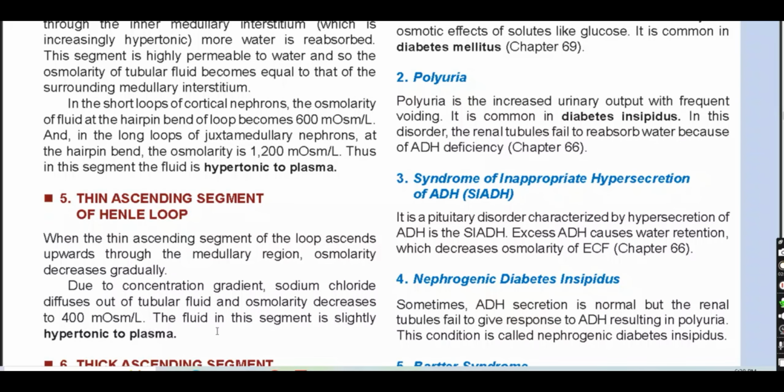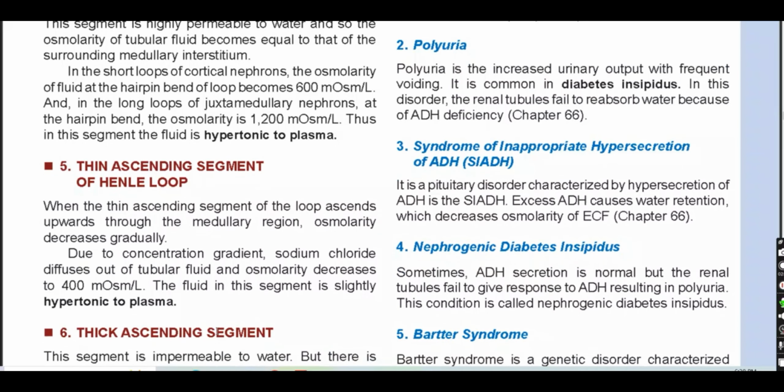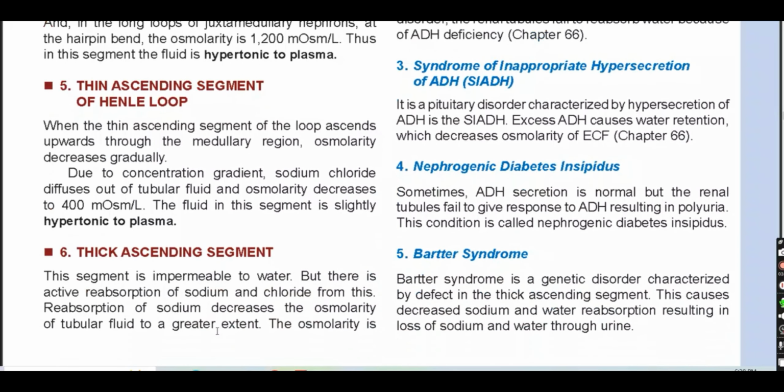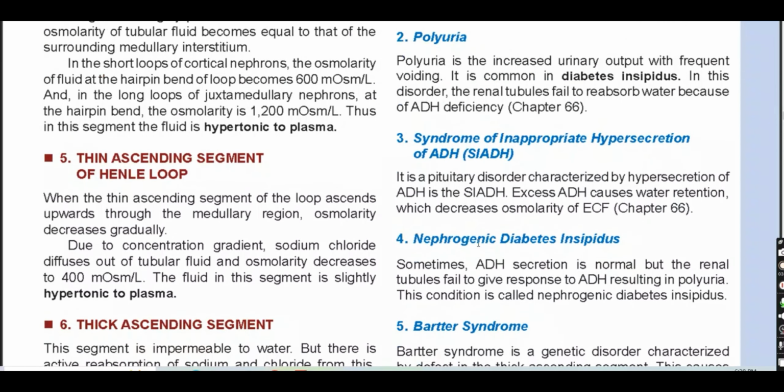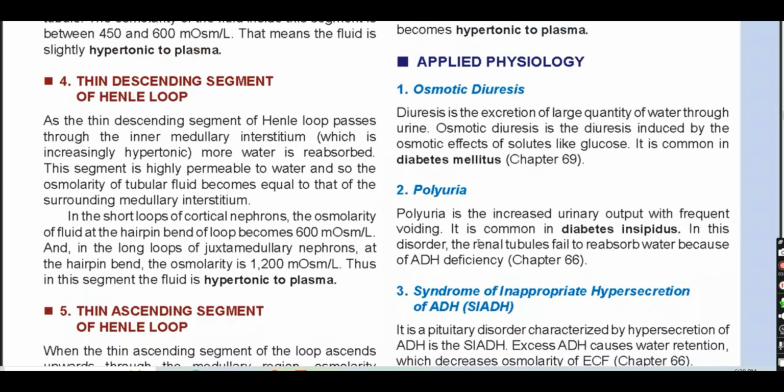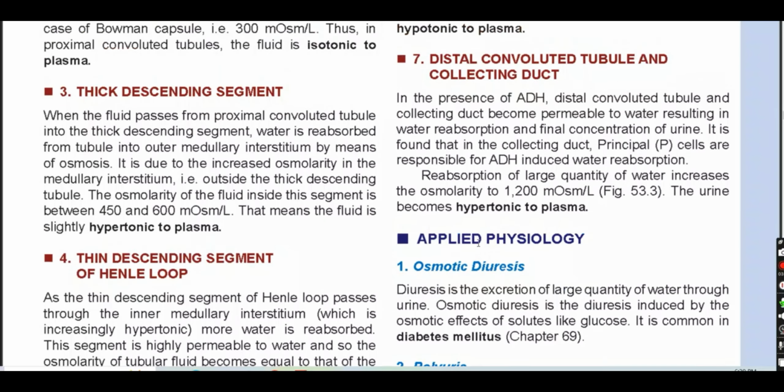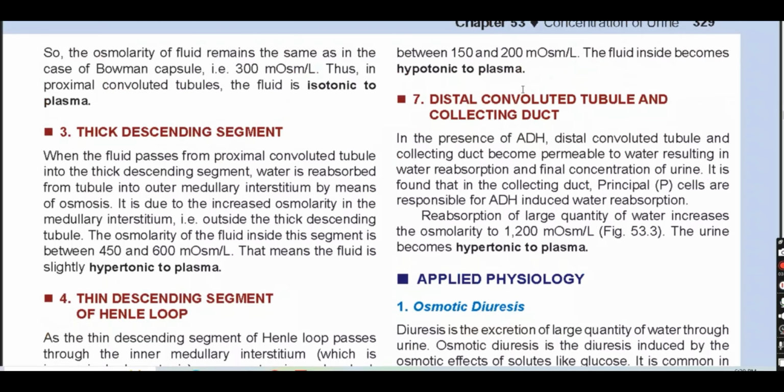In the thick portion of the ascending segment, in the same way, sodium and chloride ions leave, and as a result the osmolarity also decreases. So when it reaches 1200 milliosmol, it gradually comes back down to 200 milliosmol when it reaches the distal convoluted tubule, the DCT.